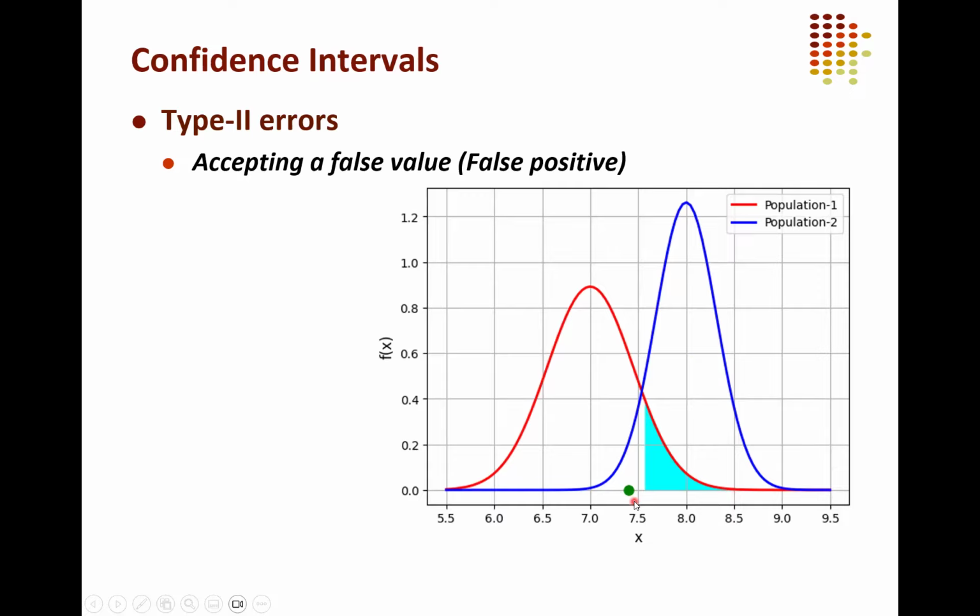So in this case, we say that we have accepted a false value. It was a member of population 2. So that's going to be the compromise in type 2 errors. So type 1 errors and type 2 errors are always going to show up whenever we define the confidence intervals and the significance levels.